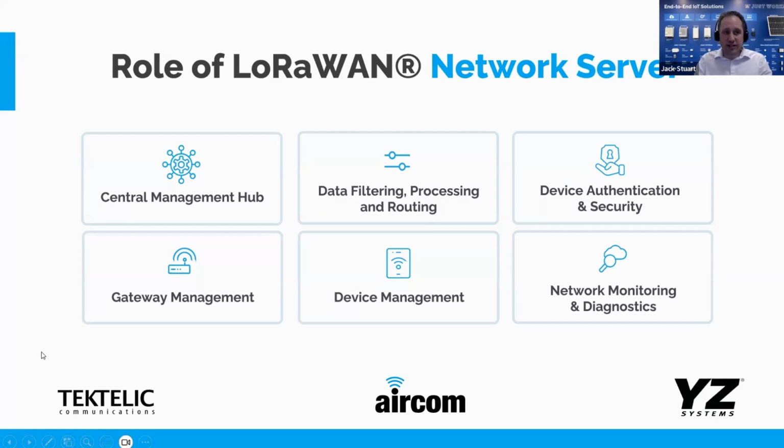The network server also plays a very key role in gateway and device management. I'll talk a lot more about gateway management in a moment, but from a device perspective, the device configurations are managed in the network server. Let's say you had a tank monitoring sensor that was transmitting tank levels into the network every hour, but you wanted to receive this data more frequently, say every 15 minutes.